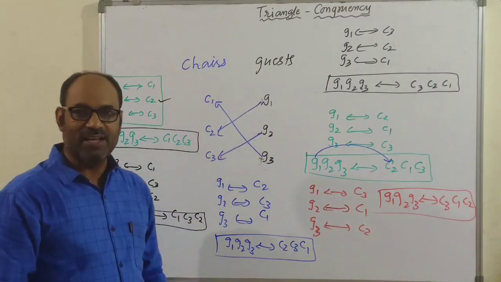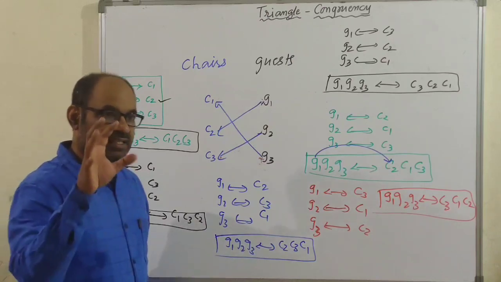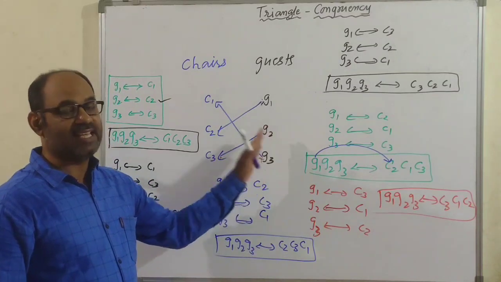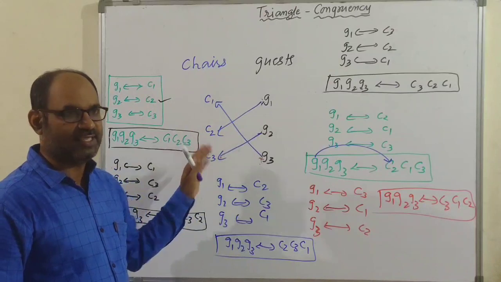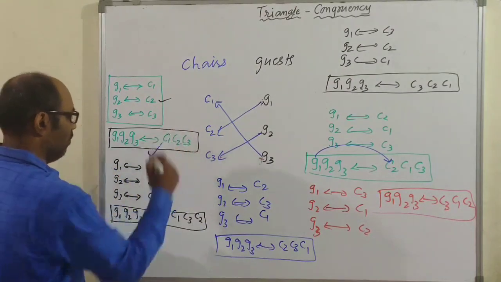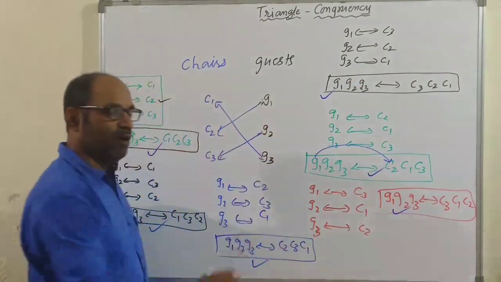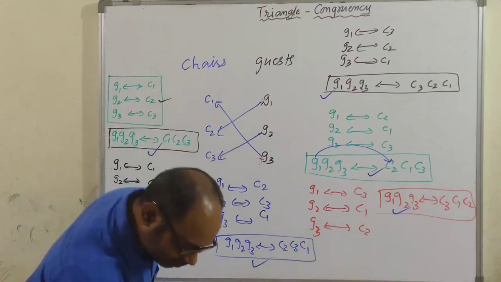After that, if you try, you will not get any more arrangements. So there are 6 possible arrangements if you have 3 guests and 3 chairs. How will these 3 guests sit on 3 chairs? There are 1, 2, 3, 4, 5 and 6 possible ways. Alright, children.